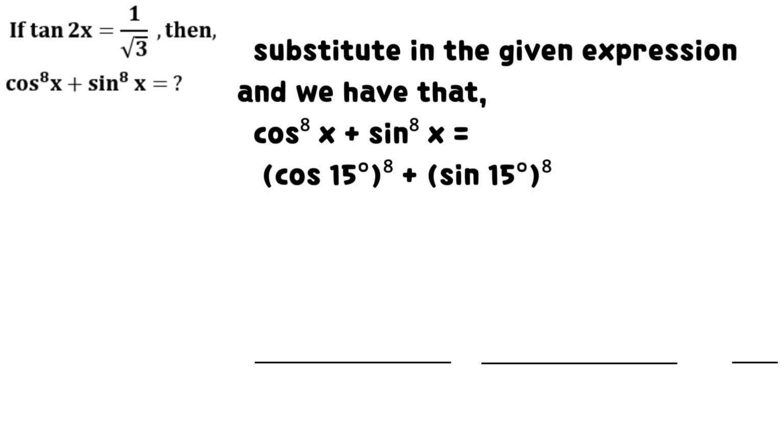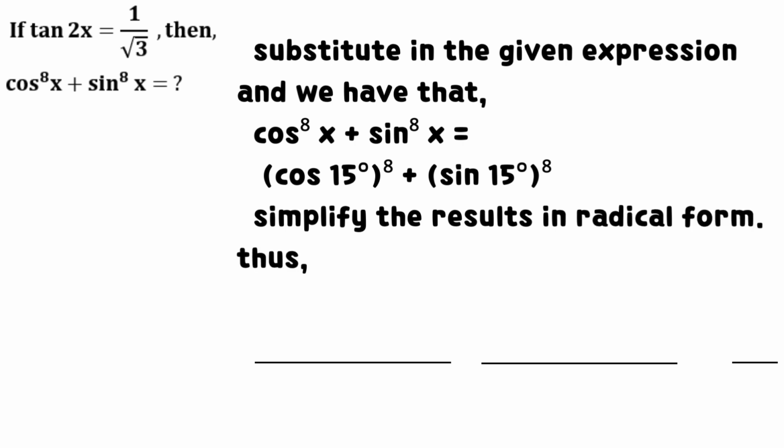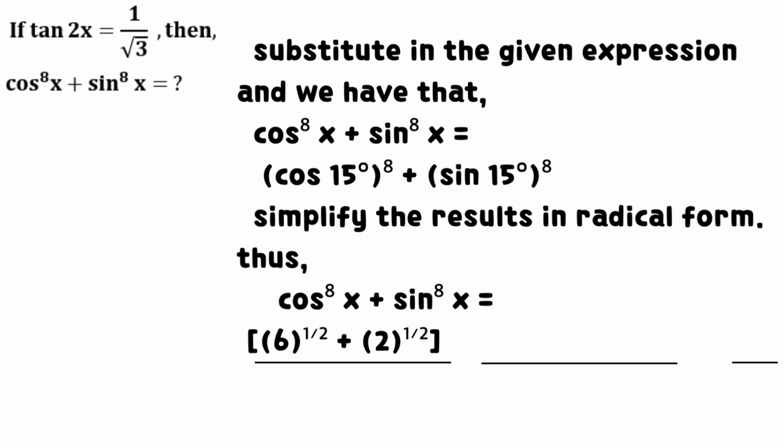Substitute in the given expression and we have that the sum of cosine x to the power of 8 and sine x to the power of 8 equals the sum of cosine 15 degrees to the power of 8 and sine 15 degrees to the power of 8.